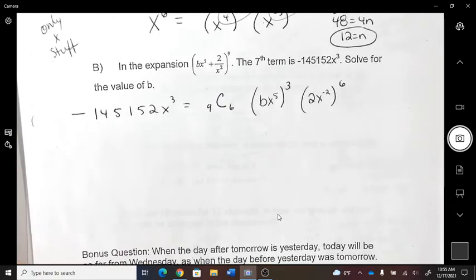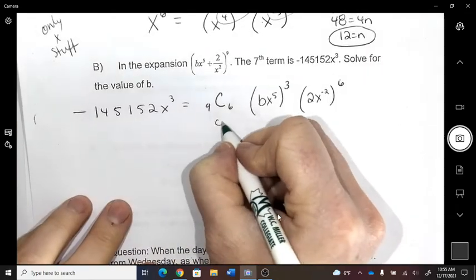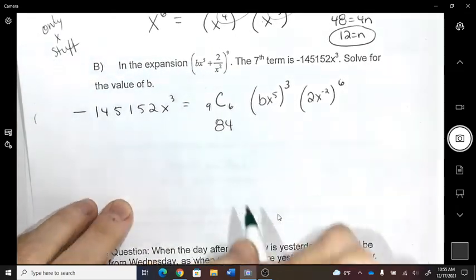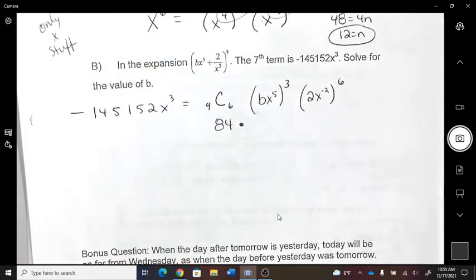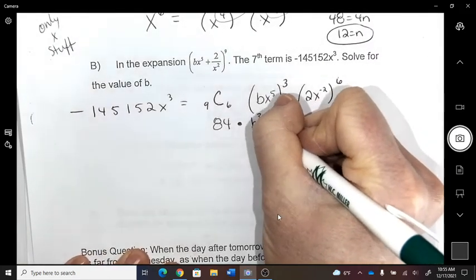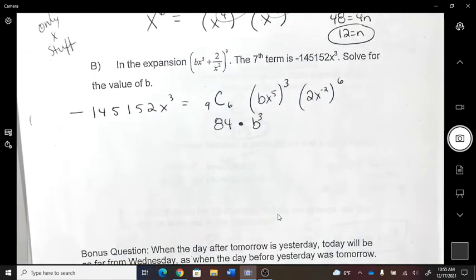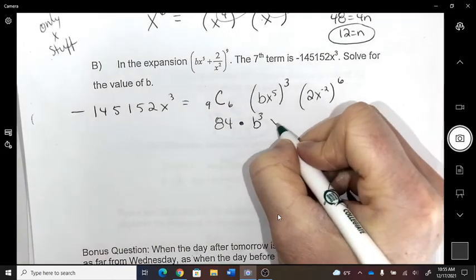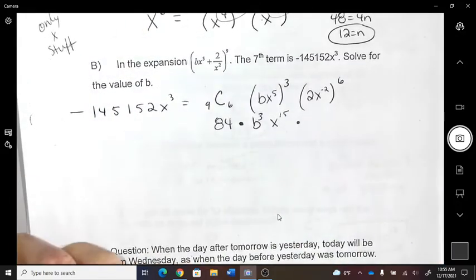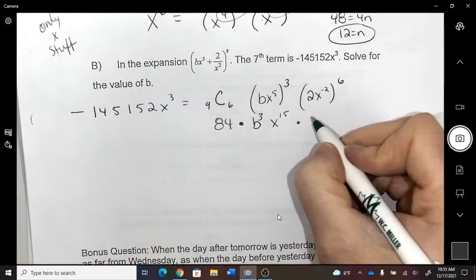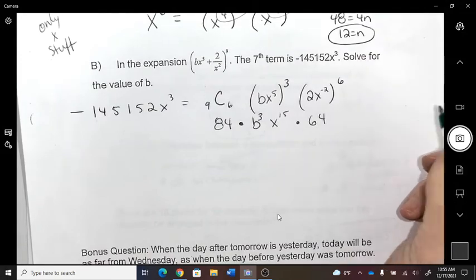Okay, 9 choose 6, that's 84. Times. I don't know b, but I do know that b would have to get cubed, right? x to the 15th. 2 to the 6th, that's 64.